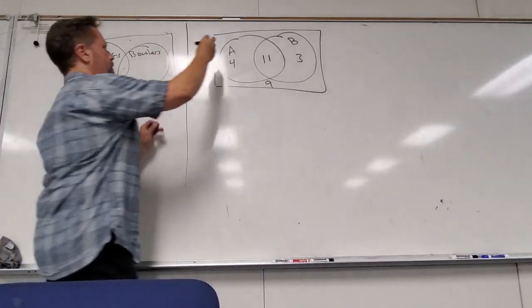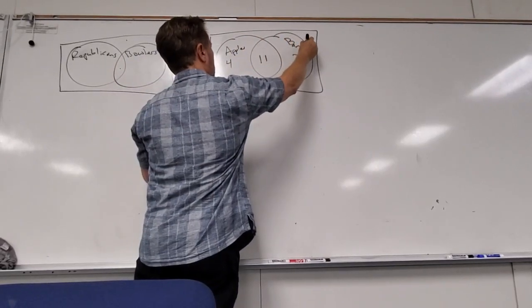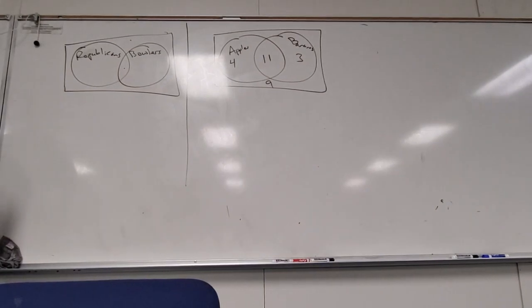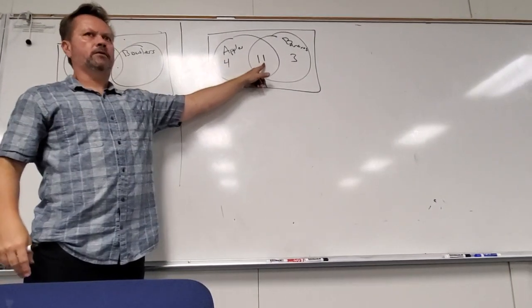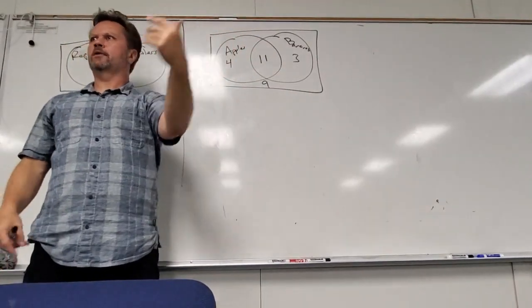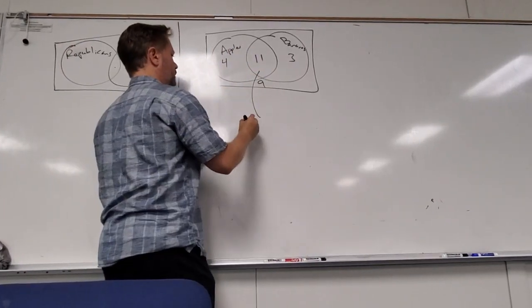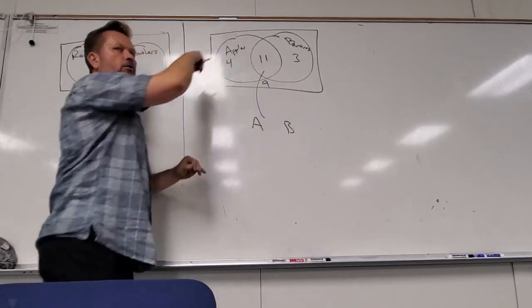Let's make this apples and bananas, just to make it a little less boring than A and B. So I ask somebody, what's your favorite fruit, and this is what they tell me. Or what fruit did you last eat? Who are these 11 people in the middle? They like apples and bananas, or they ate apples and bananas, whatever, right? They did both.